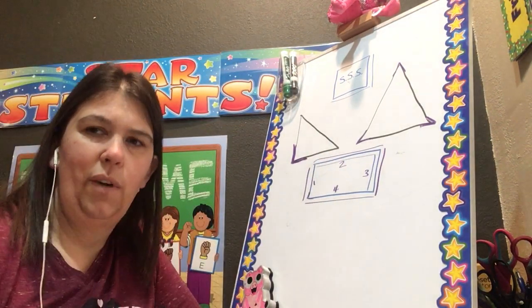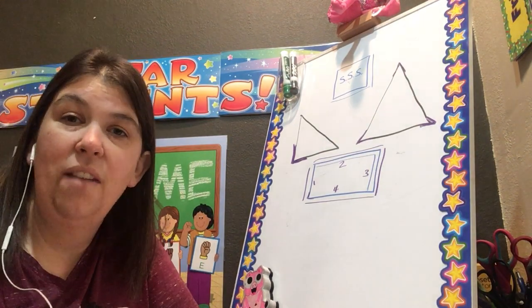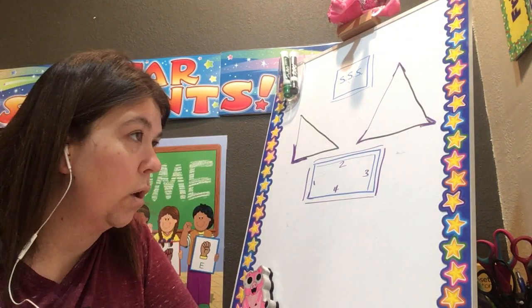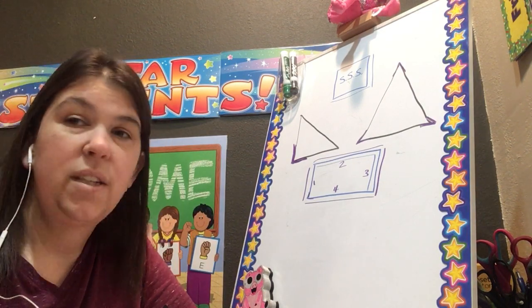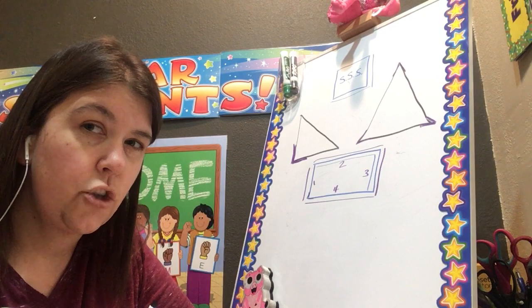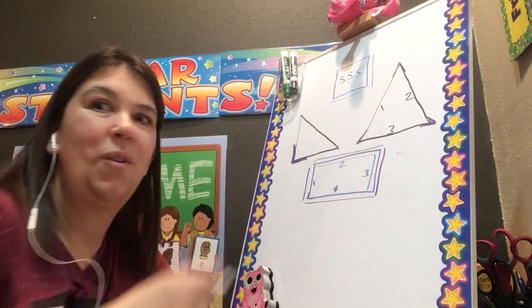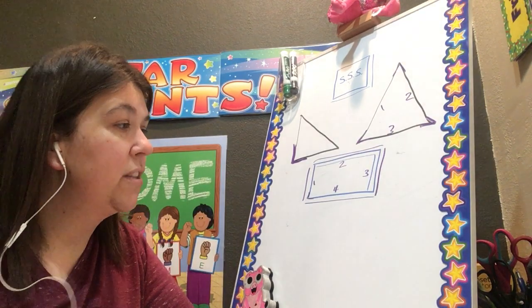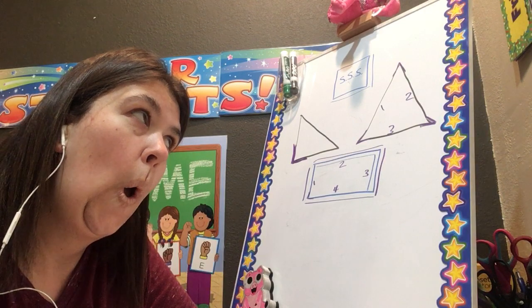Okay? So, nice eyes. Good job, guys. So, sometimes a triangle can have square corners, but other times it's just a corner. The main thing that we know is different, though, is how many sides does a triangle have? 1, 2, 3. Always has 3 sides, in comparison to the rectangle and the square that have how many sides?